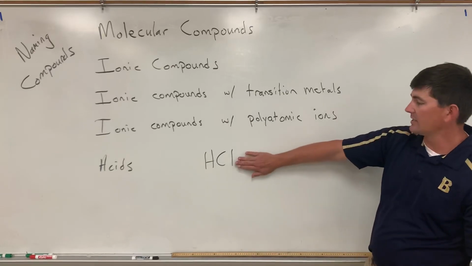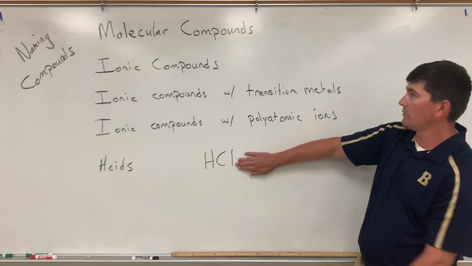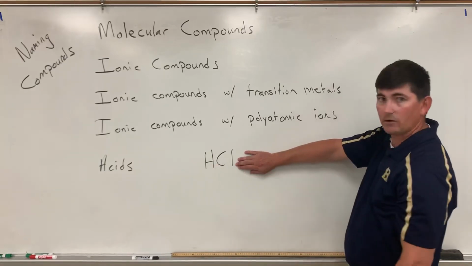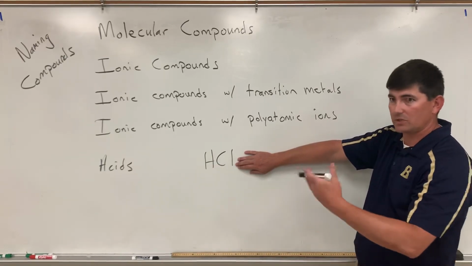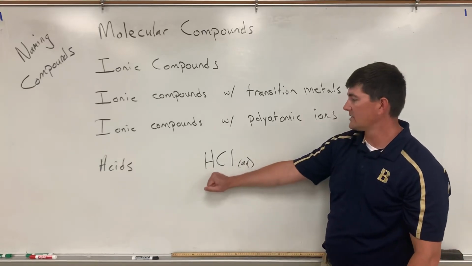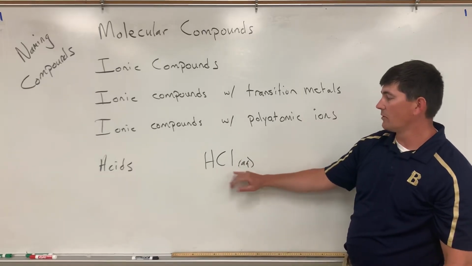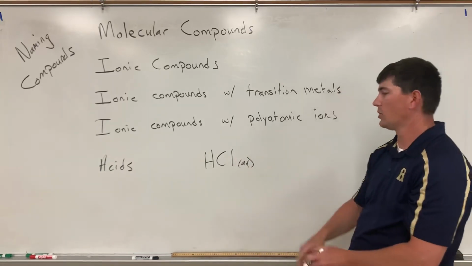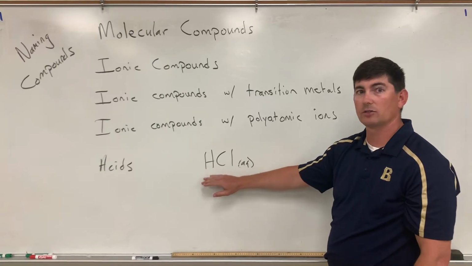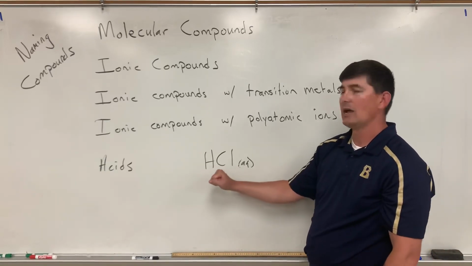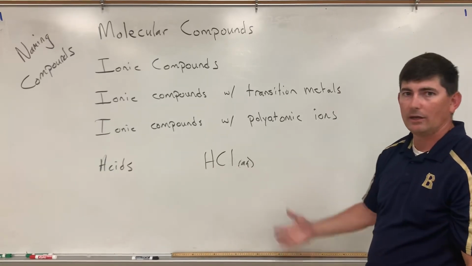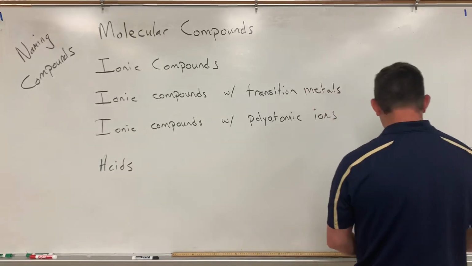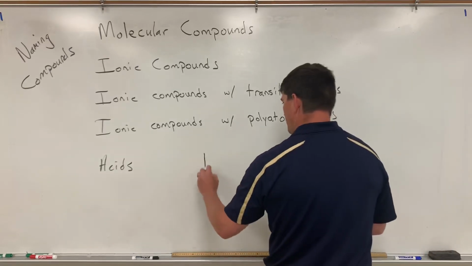Technically, if I take this in gas form, it would just be a molecular compound, and we would say that is hydrogen monochloride, or sometimes people just say hydrogen chloride. But when it's dissolved in water, it becomes an acid. So this little AQ, aqueous, lets us know that I'm dealing with an acid. As an acid, we would name this hydrochloric acid.